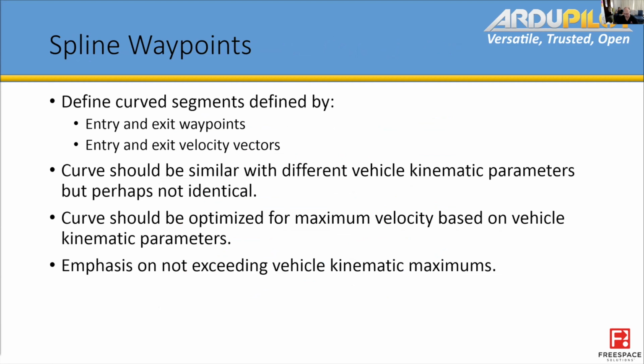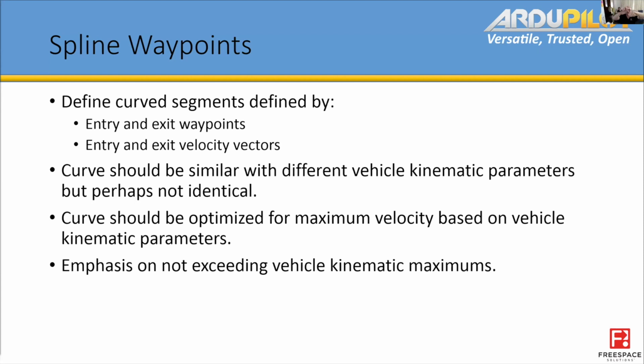And then we got to splines. Splines almost killed me. Splines are basically made up of multiple segments, and so you have two waypoints, an entry and exit waypoint. You have entry and exit vectors, and you define a curve as if you had grabbed something flexible, with two points and two vectors, and bent it around there.